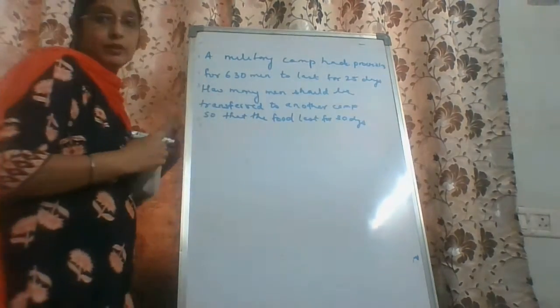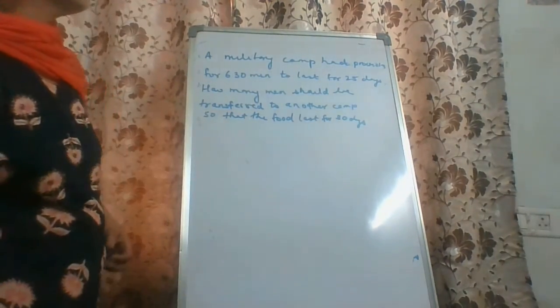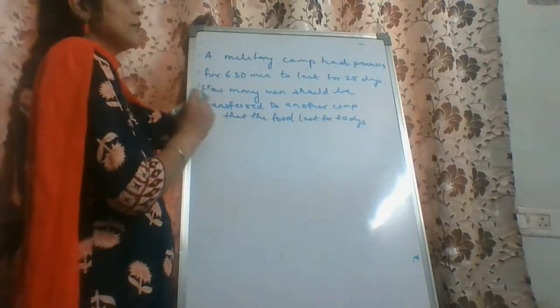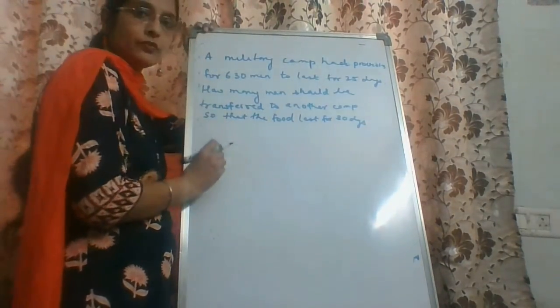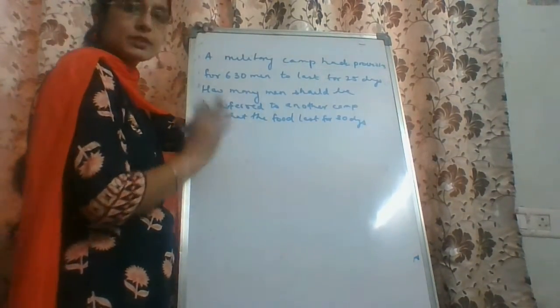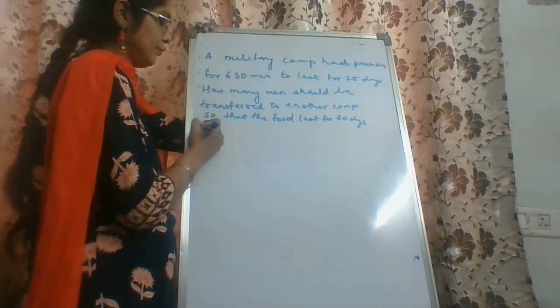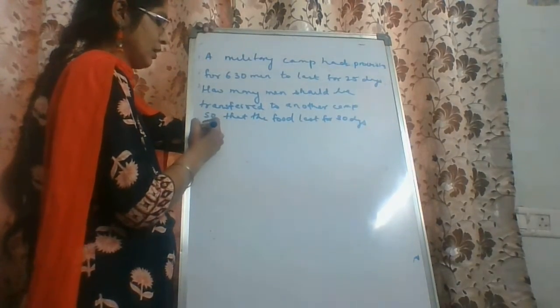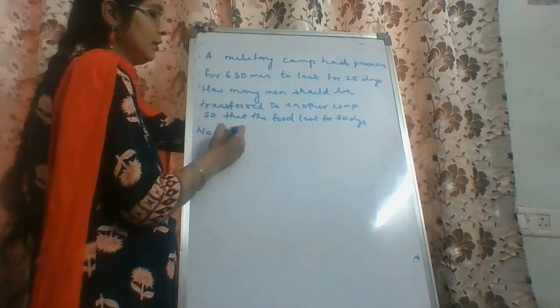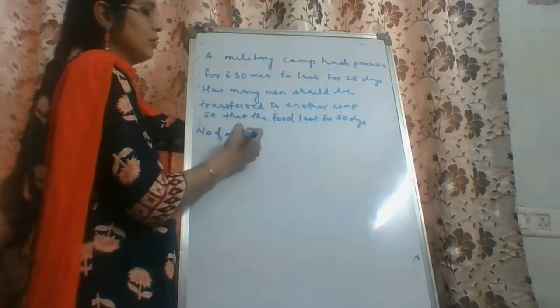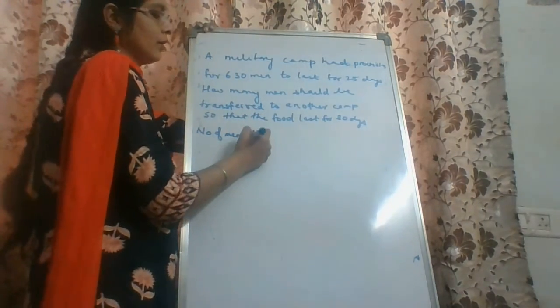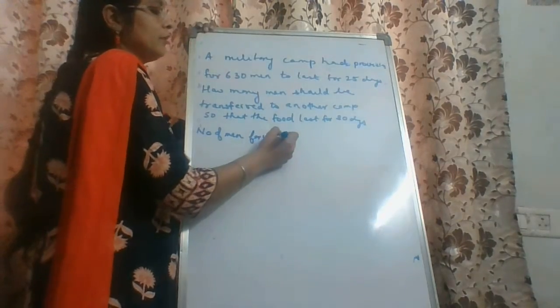Number of days are given. We have to find the number of men. So, the military camp had provision for 25 days for 630 men.